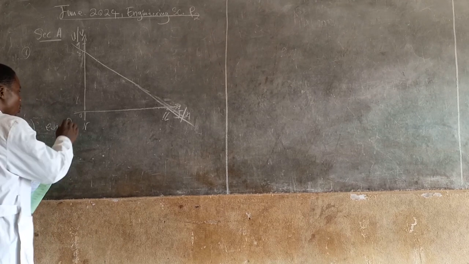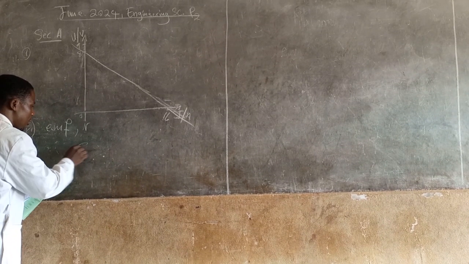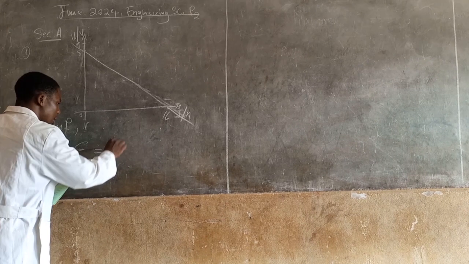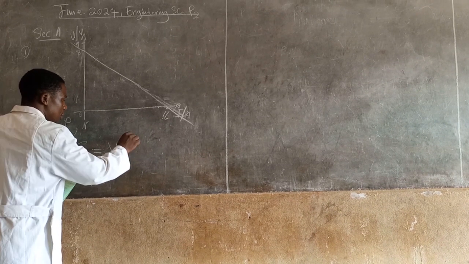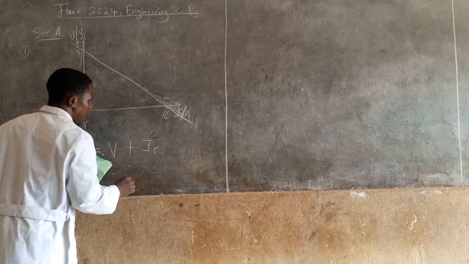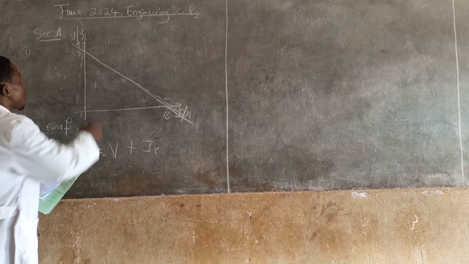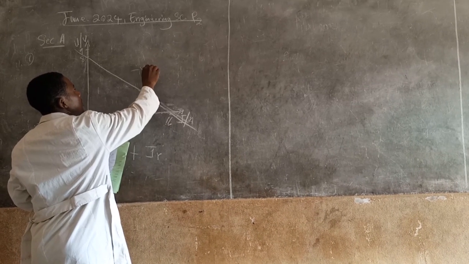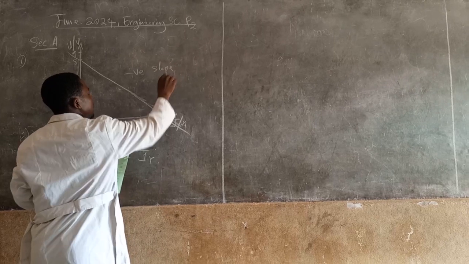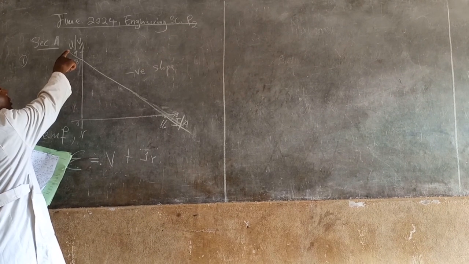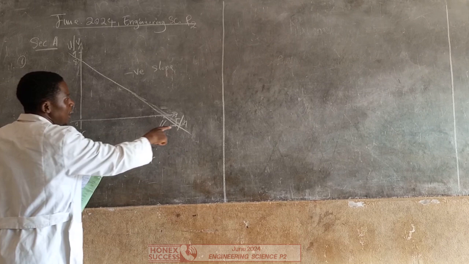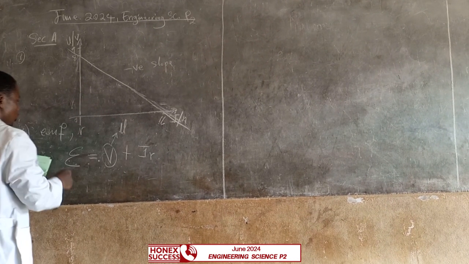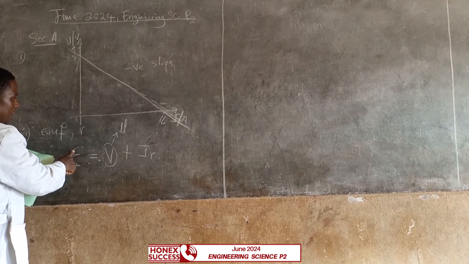When this topic was treated, the formula for EMF was given as the terminal voltage plus the current flowing times the internal resistance. Looking at this graph, you realize that it has a negative slope. Terminal PD, which is also U, is plotted against current, and here is our EMF.